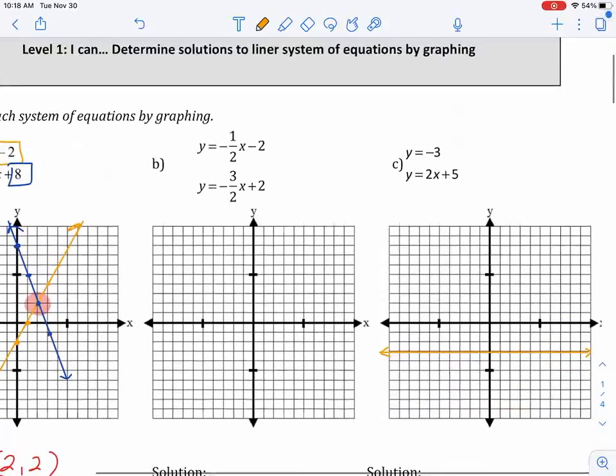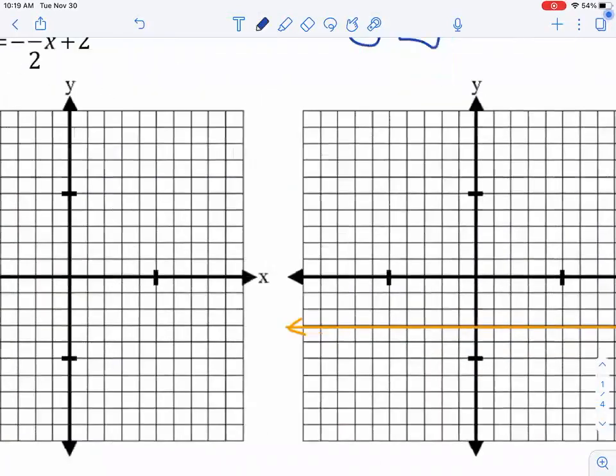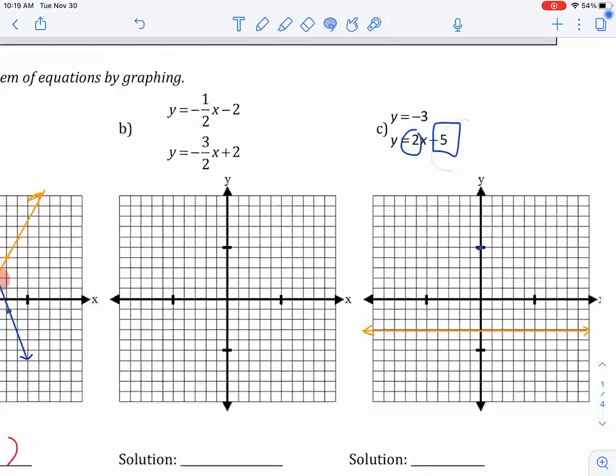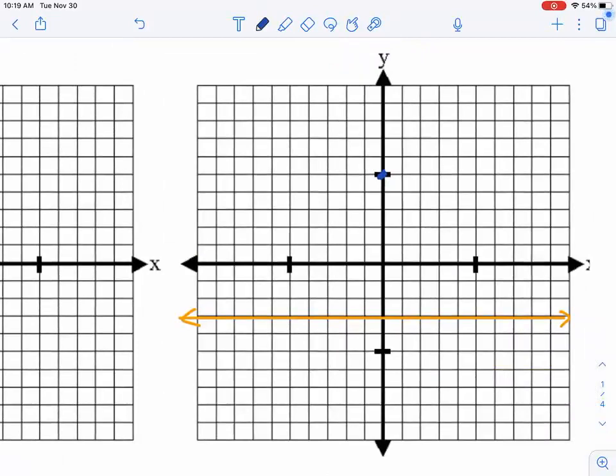The second equation, I'll do in blue. I have a y-intercept of 5 and a slope of 2. So I'll go up to 5 and put a dot there. And now I have a slope of 2. So from that dot, I'm going to go up 2 and over 1 and put a dot there, and up 2 and over 1 and put a dot there.